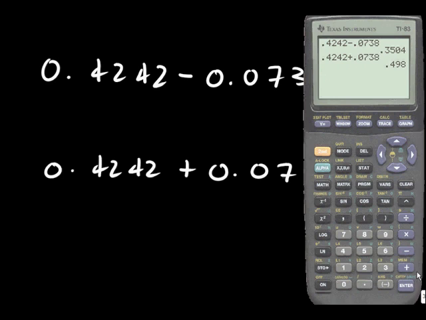Now, if we approximate these answers to the nearest thousandths position, the 0 is in the thousandths position, digit to the right's a 4, so the answer is 0.350. 8 is in the thousandths position, so this answer is 0.498.